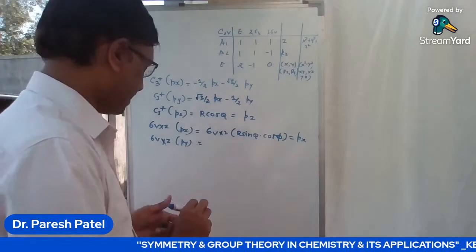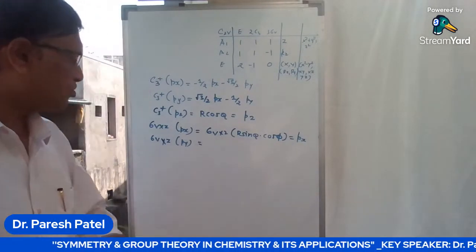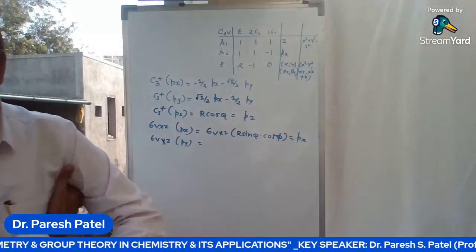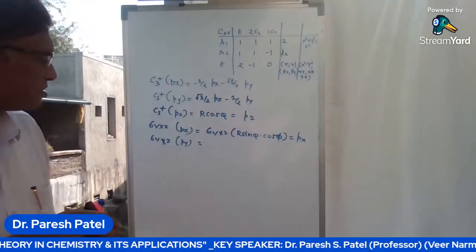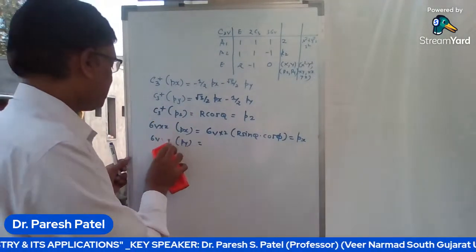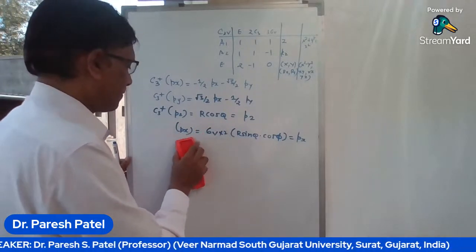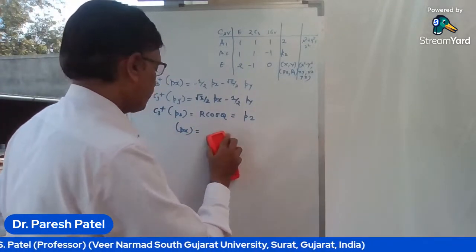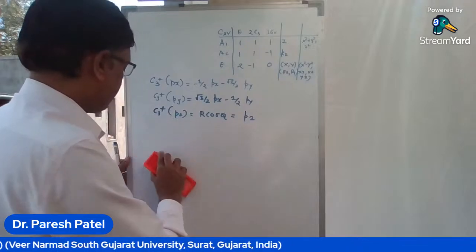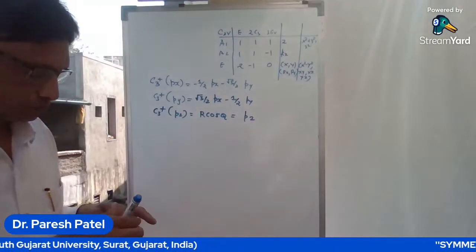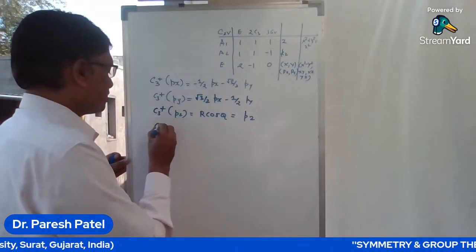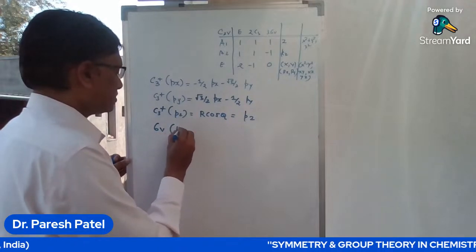If you operate any symmetry operation on px, py, and pz, the answer will be the same type of result. So in the case of C3v, if you operate sigma v on px.